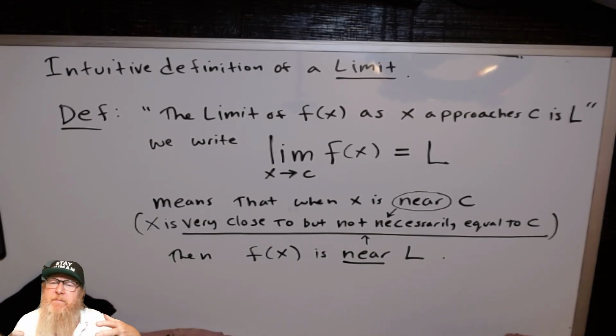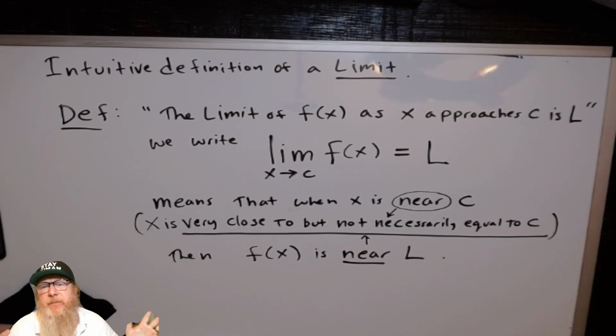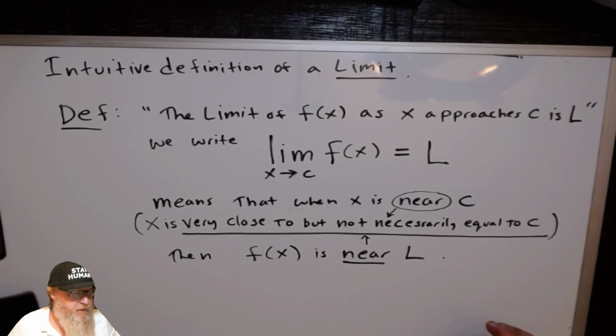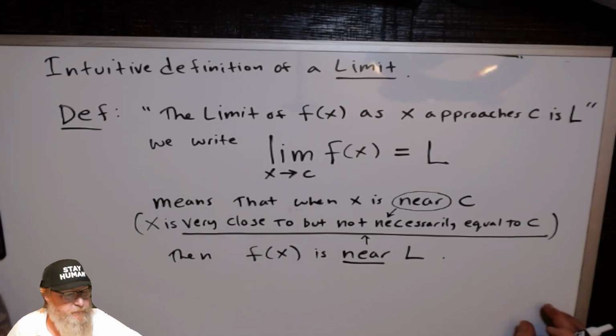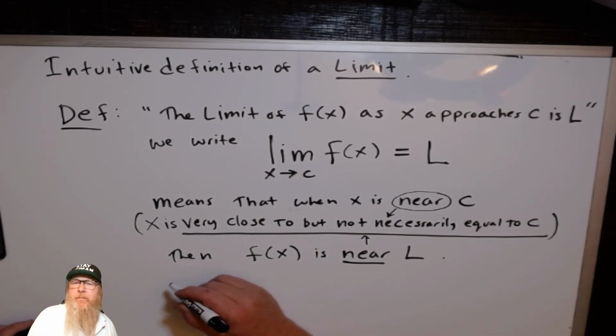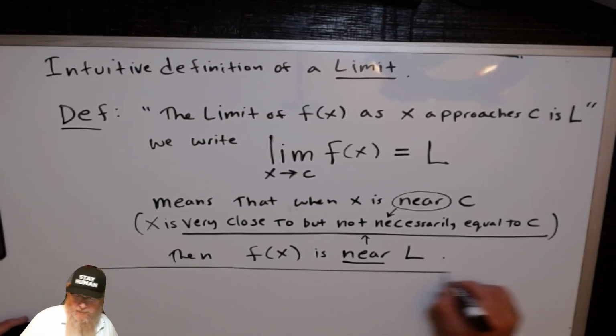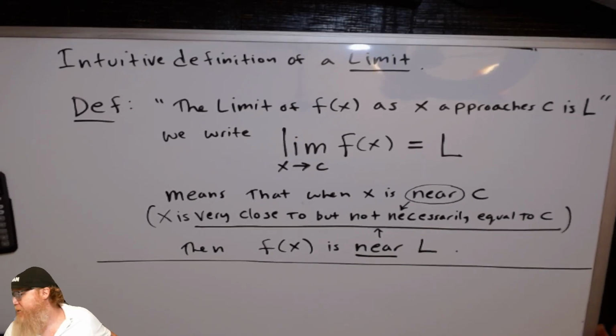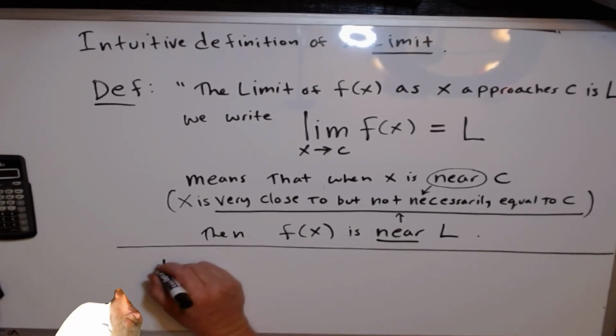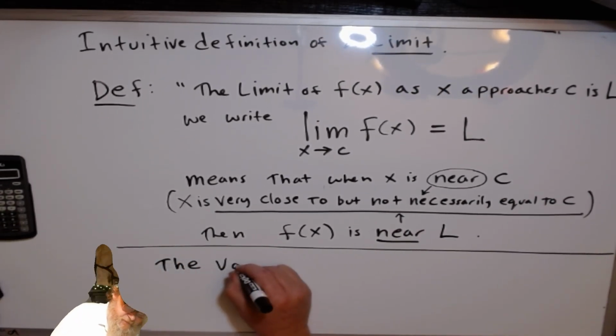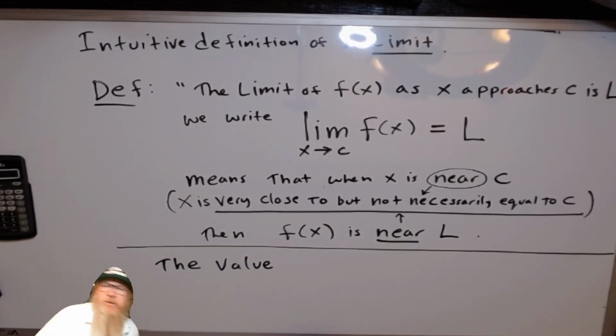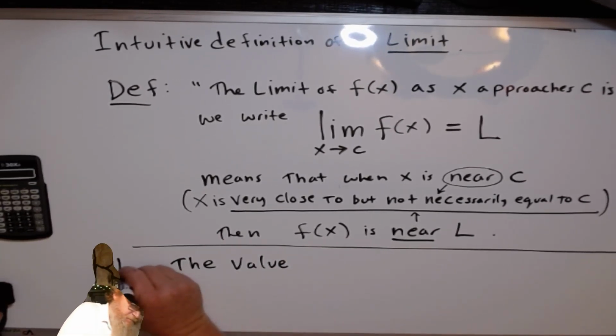So sometimes we may never actually achieve our limit. Let's see an example of that. Let me squeeze in here the value of f of x, which is different than the limit.